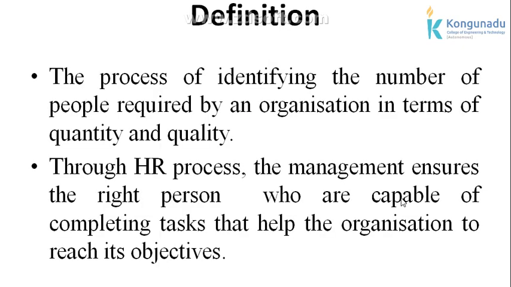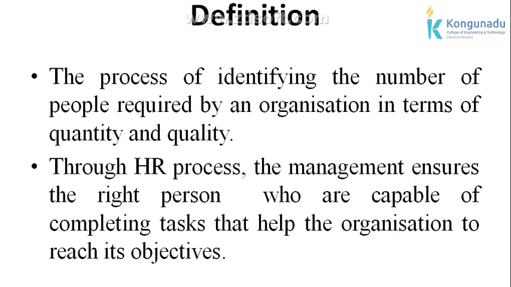The process of identifying the number of people required by an organization in terms of quantity and quality. All human resource management activities start with human resource planning. So we can say that human resource planning is the principal activity of human resource management.